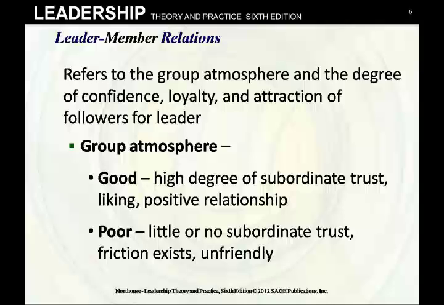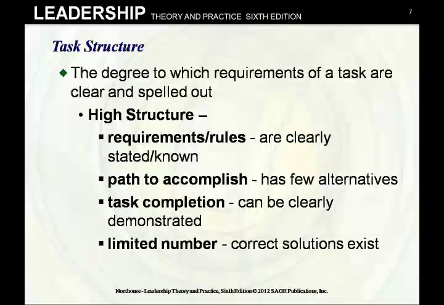The second factor is task structure, the degree to which requirements of a task are clearly spelled out. If you have a high task structure, that means requirements and rules are clearly stated and known. There are few alternatives to accomplishing the task. The task completion can be clearly demonstrated, and correct solutions exist for the tasks.